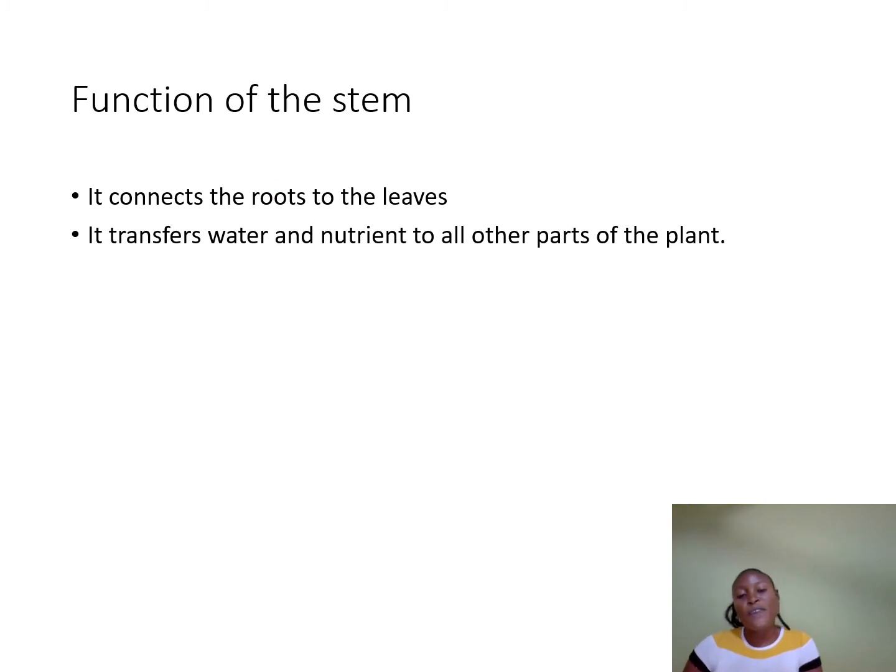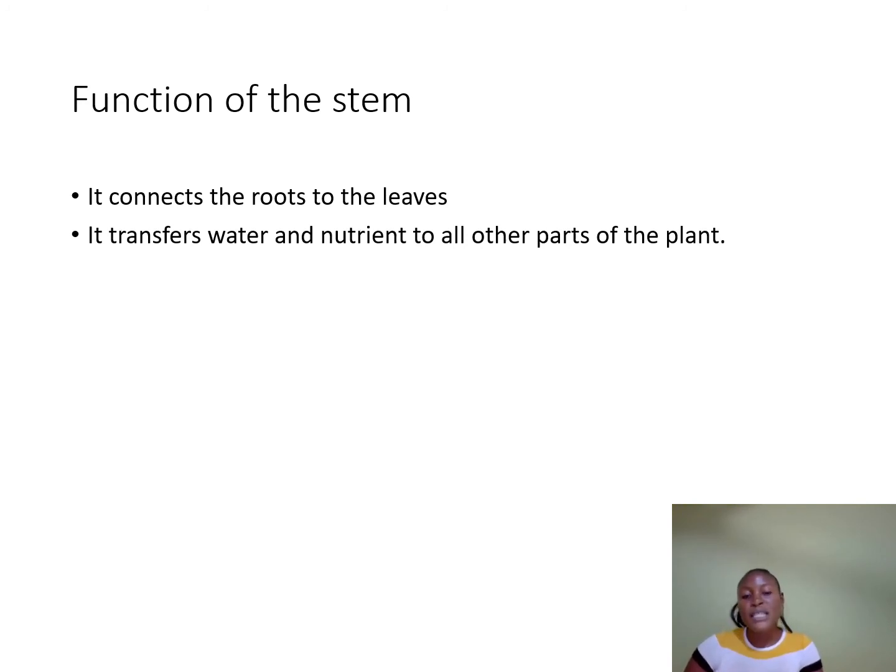Now let's look at the function of the stem. It connects the roots to the leaves. So without the stem, there is no way the root can get into contact with the leaves. Also, it transfers the water and nutrients to all other parts of the plant.